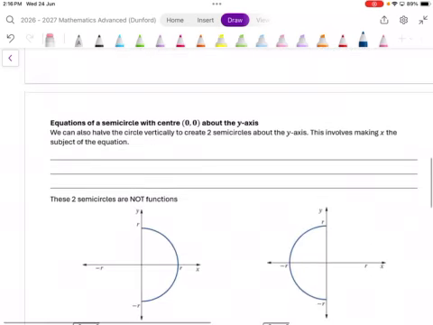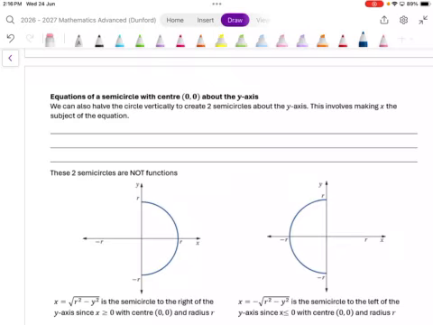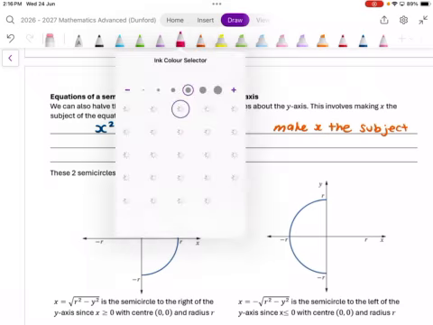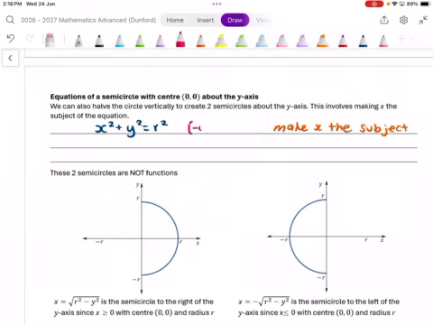So we can also halve the circle vertically to create two semicircles about the y-axis. This involves making x the subject of the equation. So we start with our x squared plus our y squared equals our r squared, and we're making x the subject. So to make x the subject of our equation of our circle, we have to minus y squared from both sides.